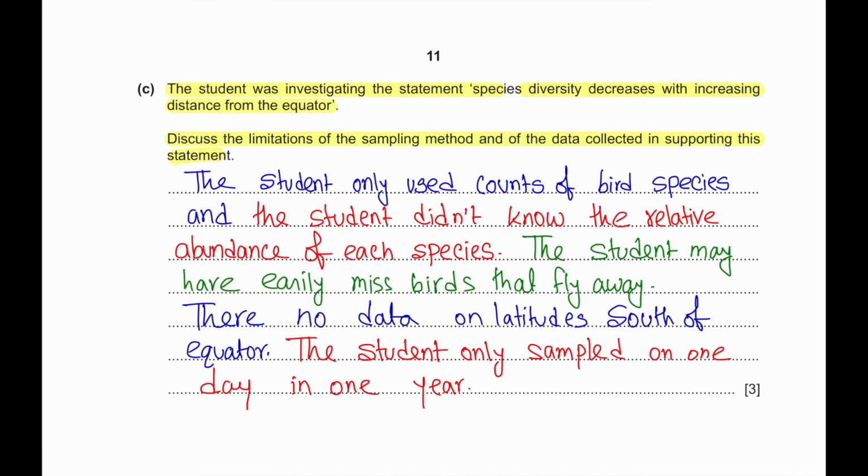Okay, the question was, discuss the limitation of the sampling method and the data collected in supporting these statements.